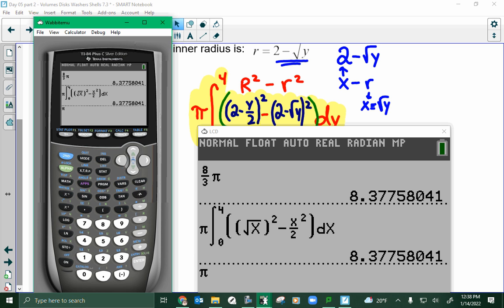Second pi, math 9 from 0 to 4 still. Parenthesis, 2 minus x over 2 instead of y over 2, parenthesis squared.